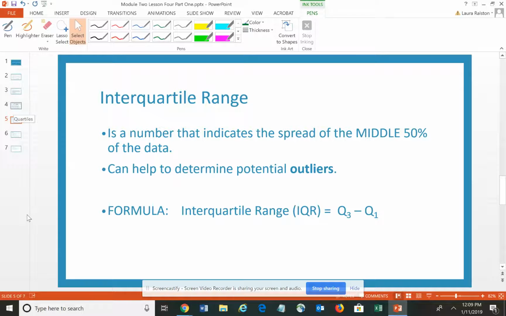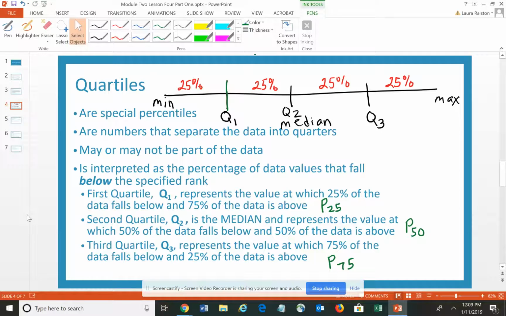So for example, if we go back and look at this picture, our interquartile range again runs from quartile 1 up to quartile 3. And again, that represents the middle 50% of the data, and it's called the IQR. And again, we use that value to help us look at whether or not we have outliers.